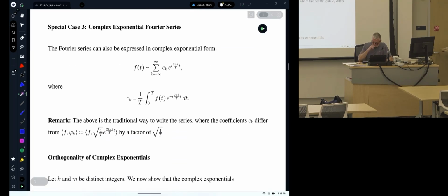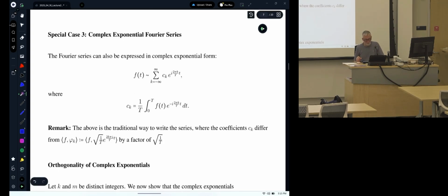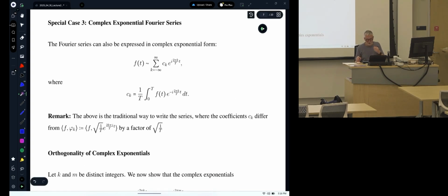And then it's often very convenient when you're doing circuit analysis to use the complex exponentials. So in EECS 215, you're actually putting complex exponentials through your circuit and evaluating the impedance and adding everything up.